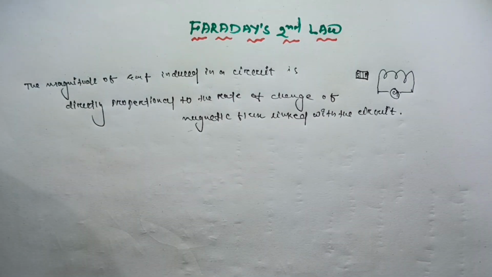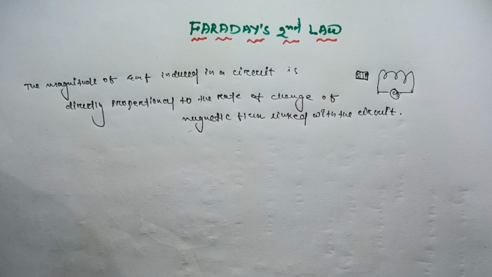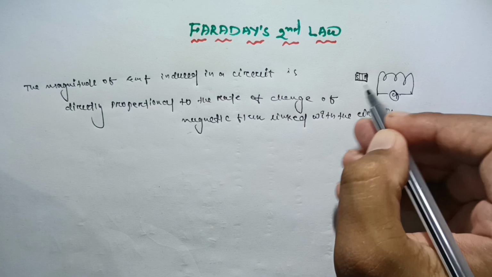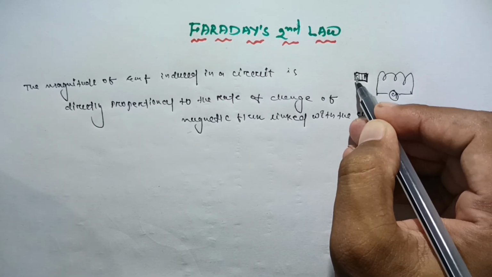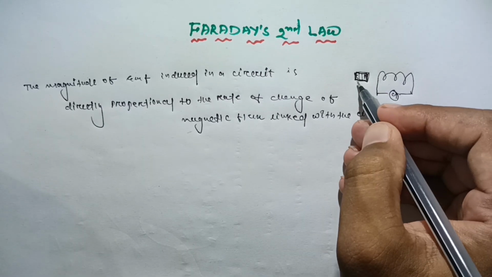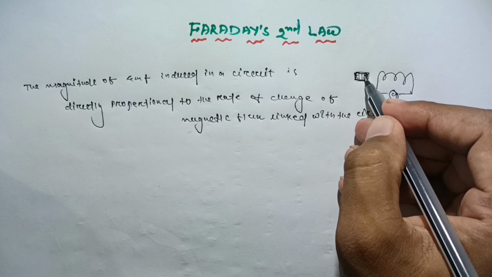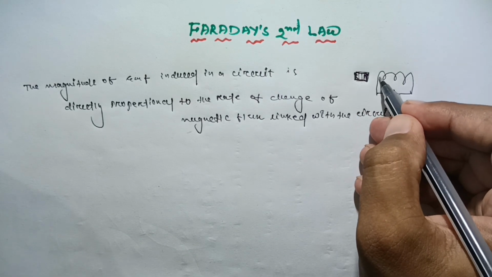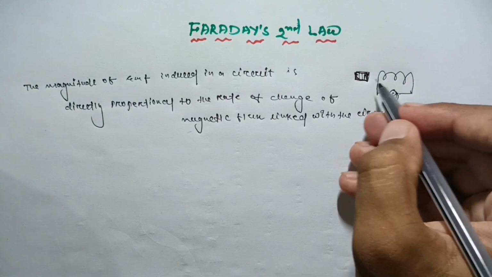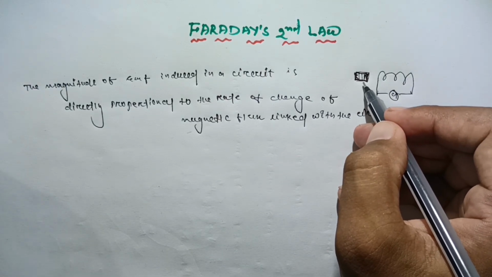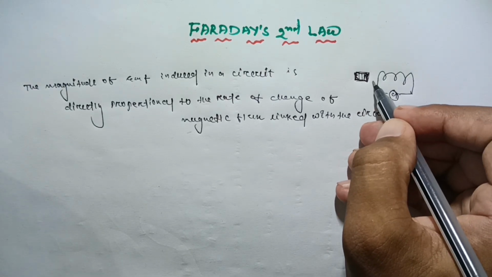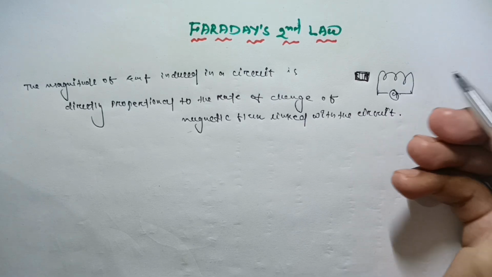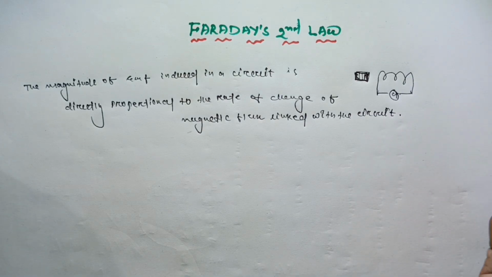So basically, it states that if there is a magnet, we can call it a bar magnet, right? It has a north pole and that is the south pole. There is a coil. If we take the magnet close to the coil, then an EMF is induced, right?